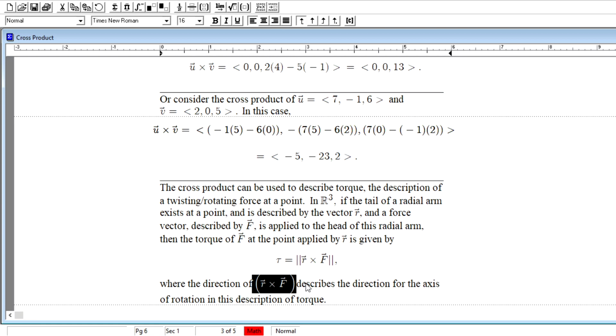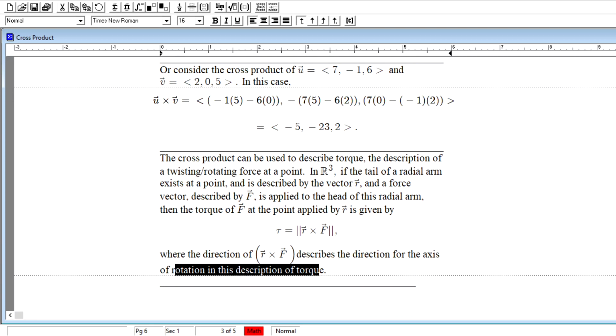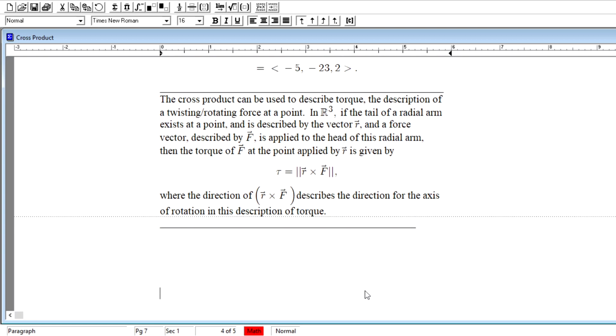The actual measurement of the twisting force, the torque, is the magnitude of this cross product, whereas the direction of the twist is going to happen around an axis of rotation described by the direction that this cross product is illustrating. So the direction illustrated by this cross product is the direction for the axis of revolution or rotation in this description of torque.